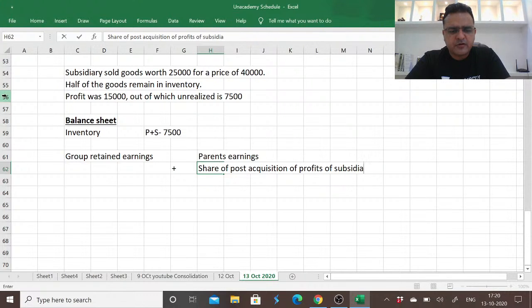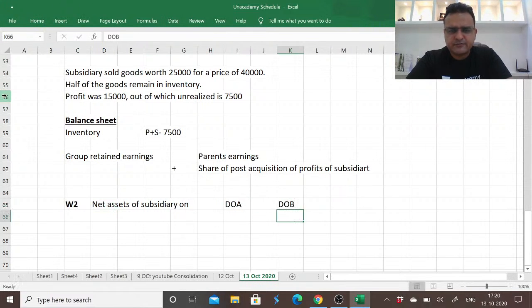When we include the share of post-acquisition profits of subsidiary, there is a working note known as working note number 2, net assets of subsidiary on date of acquisition and date of balance sheet.